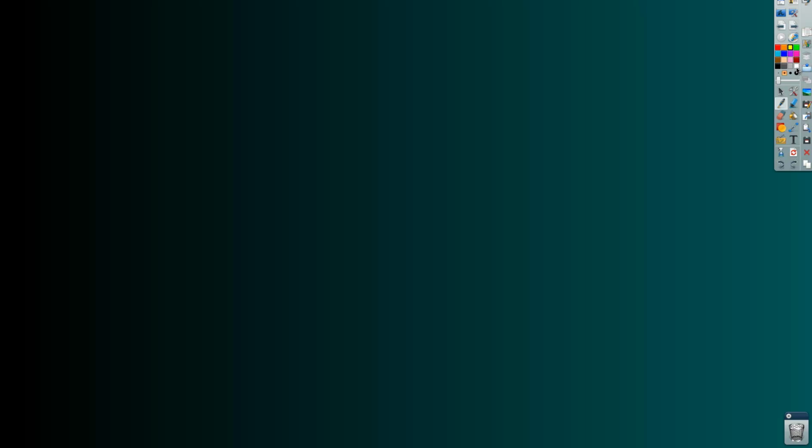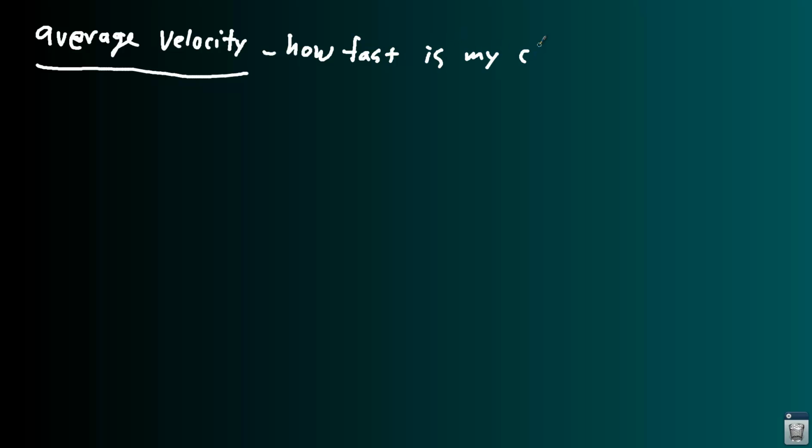The next term that was on my list was average velocity. And essentially this is how fast my change in position is.